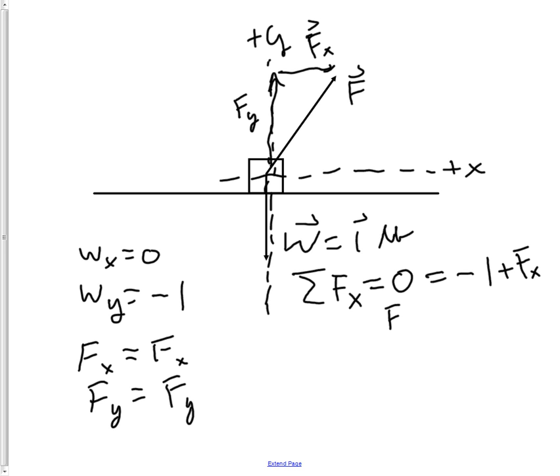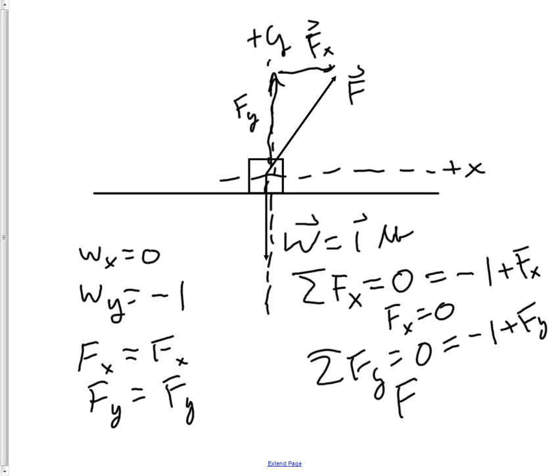Hmm, that tells me that F sub x equals 0. And the sum of the forces in the y direction equals 0, which is equal to -1 plus F sub y, and that tells me that F sub y is equal to 1.